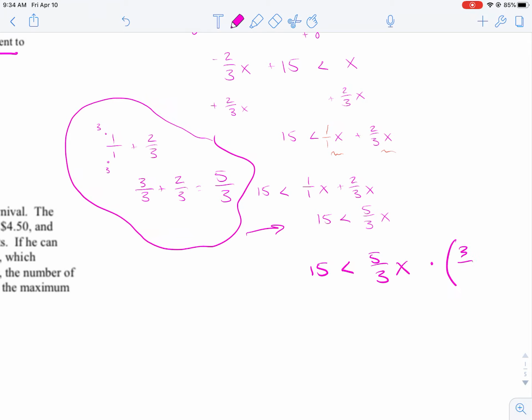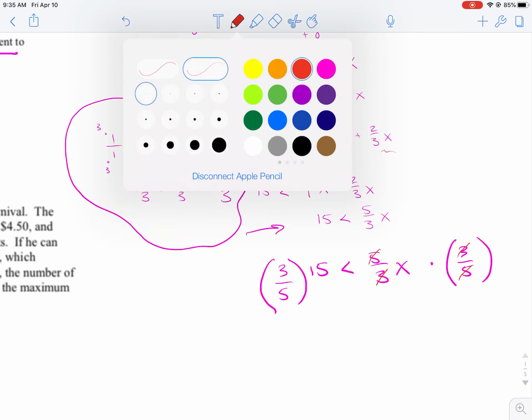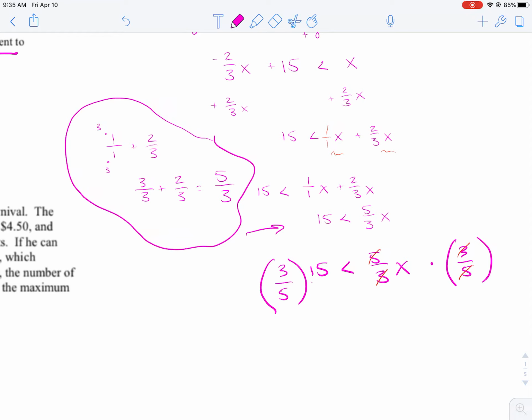So in order to solve for x, we got this 15 is less than 5/3 x. In order to get rid of this 5/3, we're going to use the multiplicative reciprocal. What the multiplicative reciprocal is, it's the reciprocal of 5/3. So you literally just flip the fraction, and you multiply each side by 3 over 5.